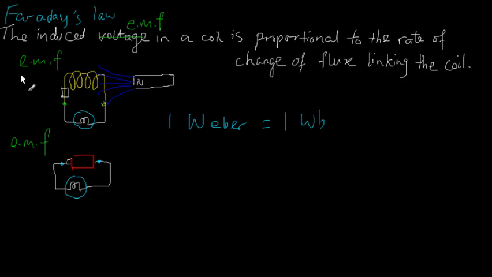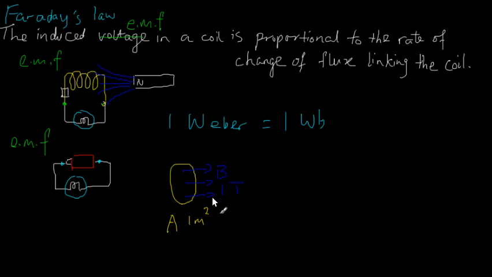If you remember what Weber means, I have previously described this as the flux that you get if there is a loop with an area of 1 meter squared, so a unit area in SI units, and a magnetic flux going through it with a magnetic flux density of 1 Tesla.